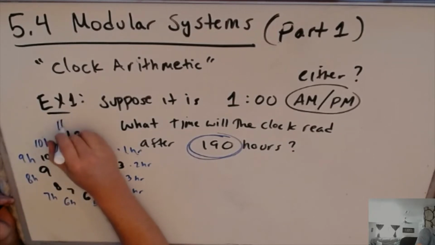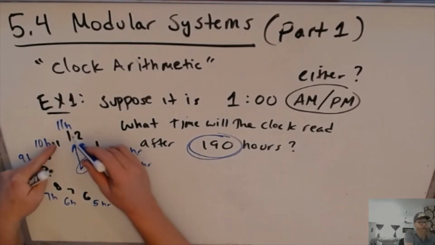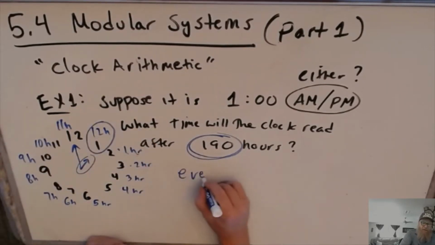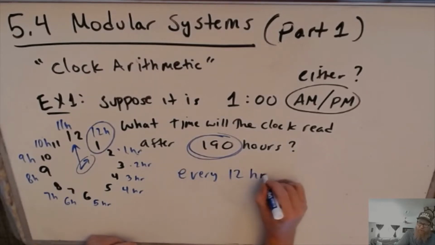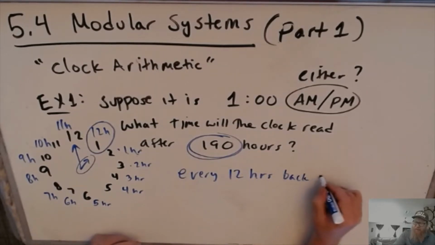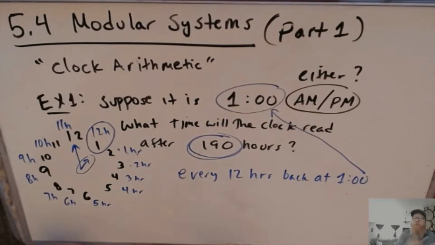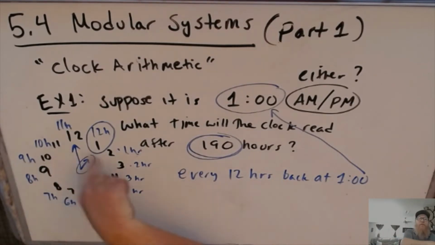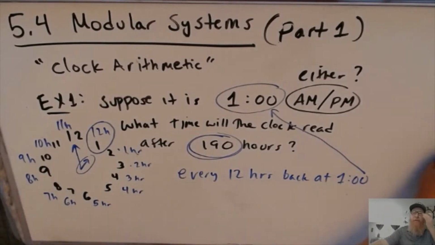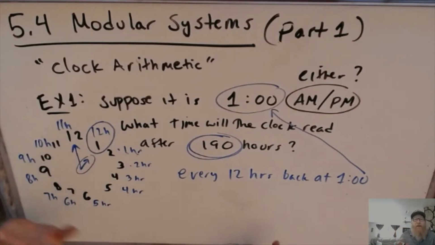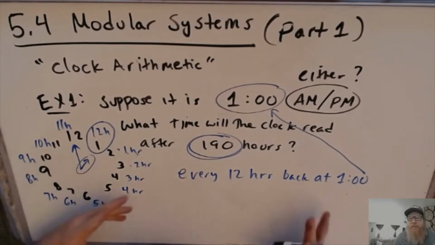However, we're going to notice a pattern. Look, when you get to 12 hours later, every 12 hours, you're back at 1 o'clock again. That's the way a clock works. You probably noticed this when you were 5 or 6 years old, the first time you saw a clock and started learning about how the hands work. Maybe it was first grade or something. I used to spend a lot of time staring at the clock.